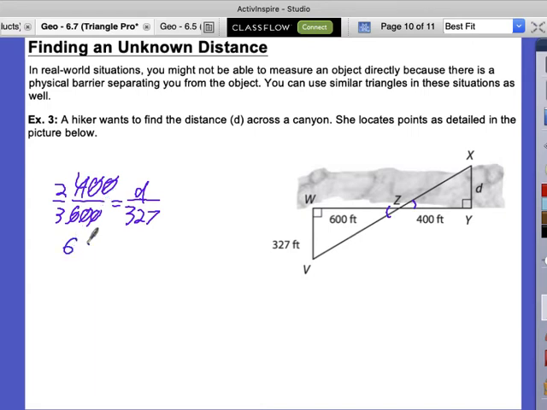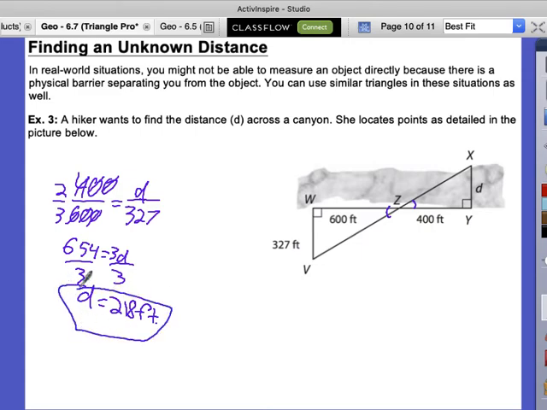Because this ends up just being 654 is equal to 3D. Okay? You don't even need glasses. So divide both sides by 3. And what do we get the D, our distance, to be? 218 feet. Okay. Questions on that one?